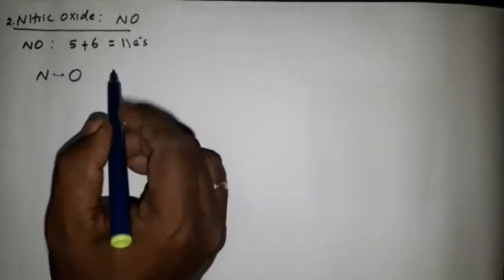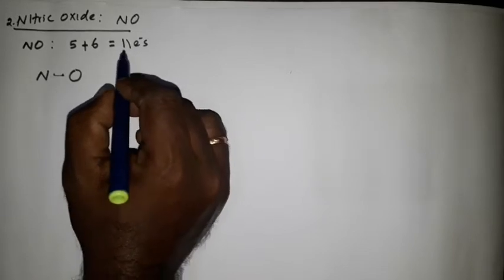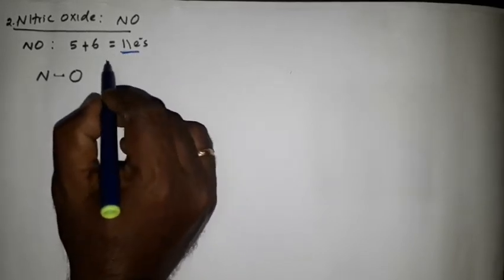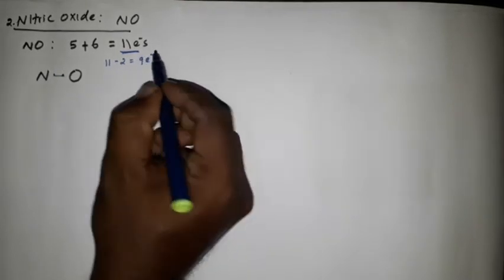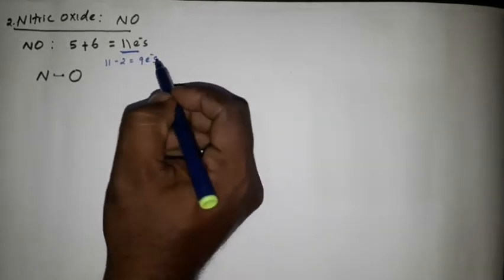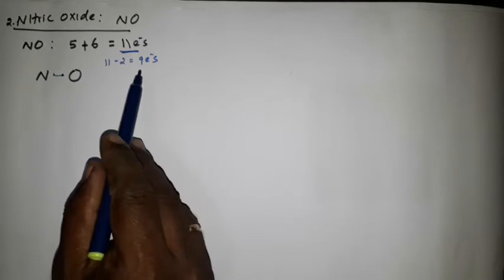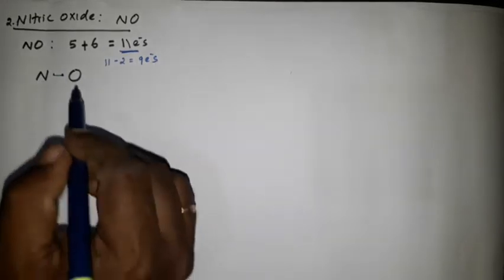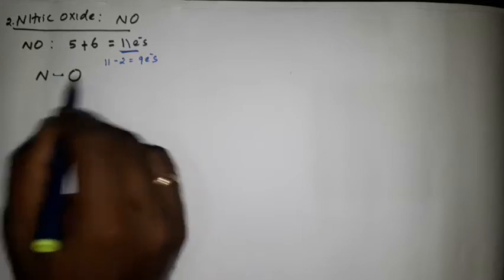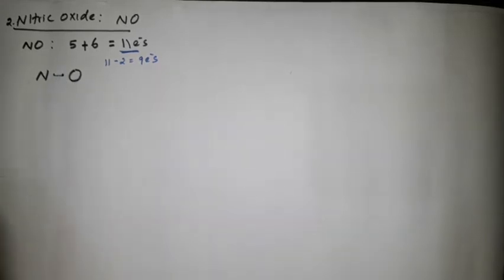Now, we have total number of electrons 11. So, out of 11, subtract these 2, you will get 9 electrons. Clear? Now, you have to distribute these 9 electrons to the atoms. First you have to give preference to oxygen.